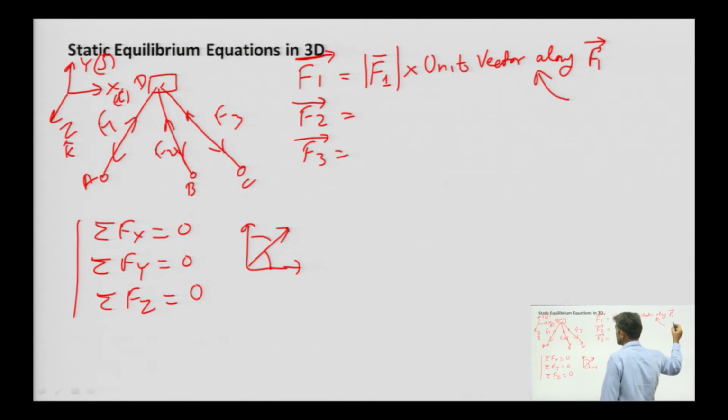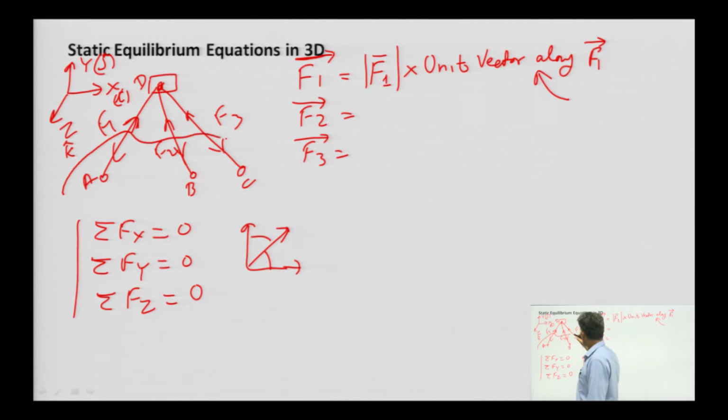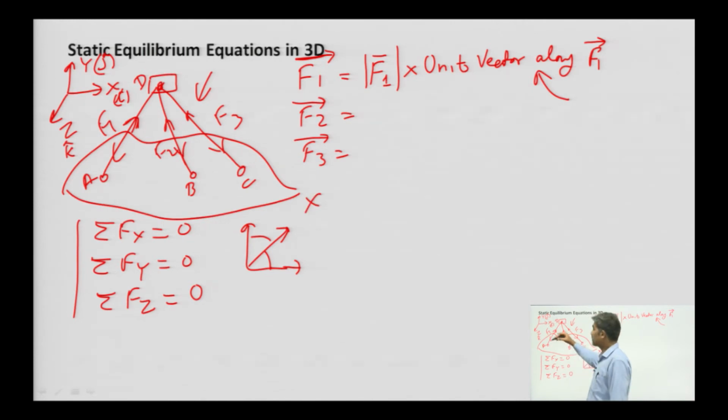Since this force is acting from A to D, if we are considering the upper part and neglecting the other part, this is actually the FBD. So, F1 is acting from A to D.